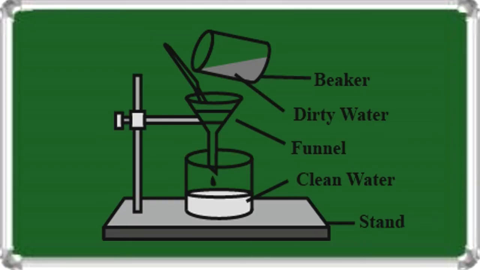So, mahihiwalay na natin dito yung mga components of a mixture. So, yung liquid, mahihiwalay natin, maiiwan dito sa funnel or sa embudo ang solid particles or insoluble solid sa mixture natin. So, in that way, na-separate natin ang components of mixture, heterogeneous mixture.